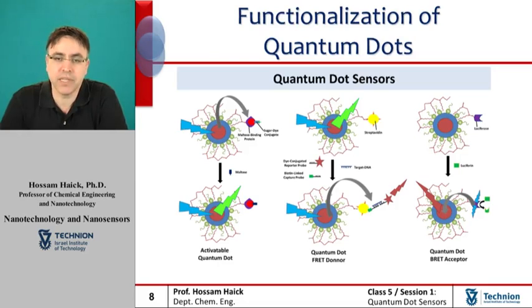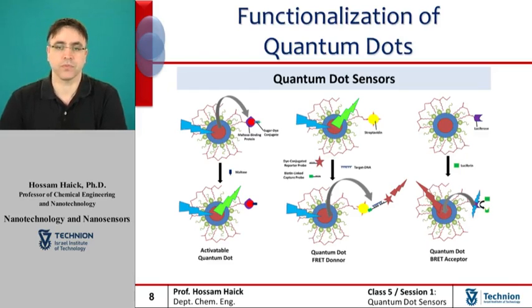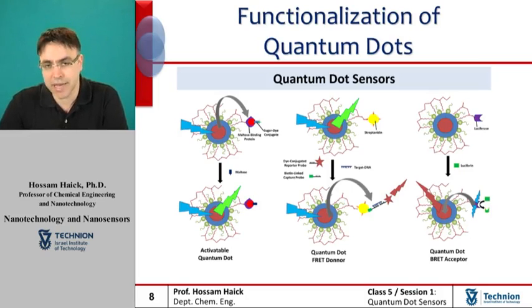Quantum dots have been used to detect the presence of biomolecules using probe design incorporating energy donors or energy acceptors. For example, quantum dots can be adapted to sense the presence of the sugar maltose by conjugating the maltose binding protein to the nanocrystal surface, as seen in the left image on the screen.